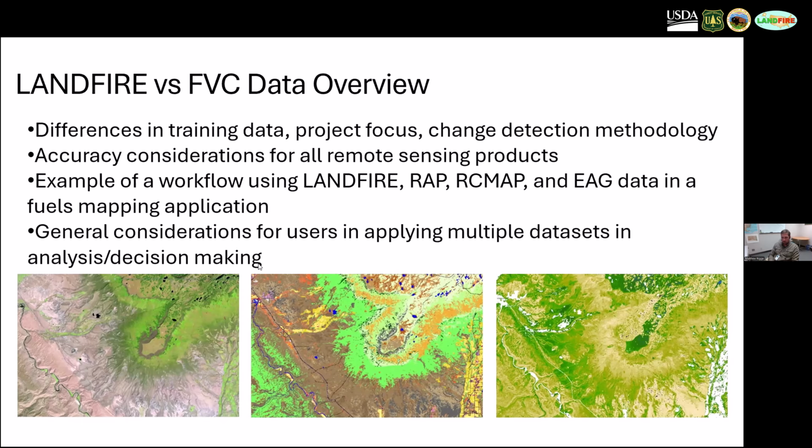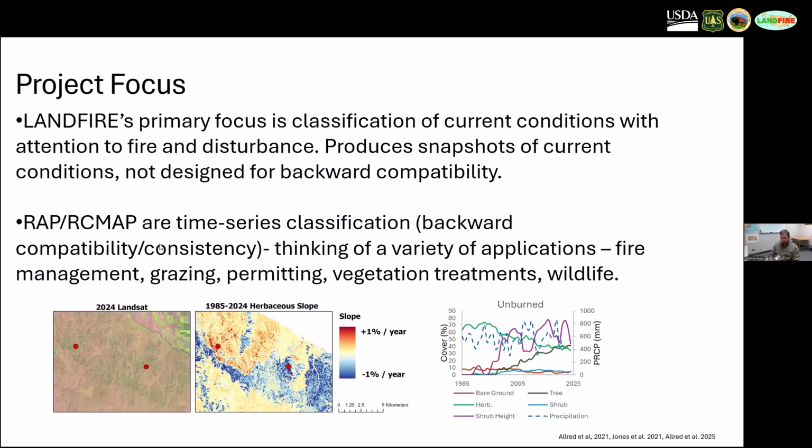They could be applicable, of course, to fire management, to grazing decision making, permitting, evaluating the impacts of vegetation treatments, all sorts of different wildlife applications as well. So to summarize, the fractional veg components, RCMAP and RAP, are really designed for more generic applications versus a fire-focused application in mind for Landfire.